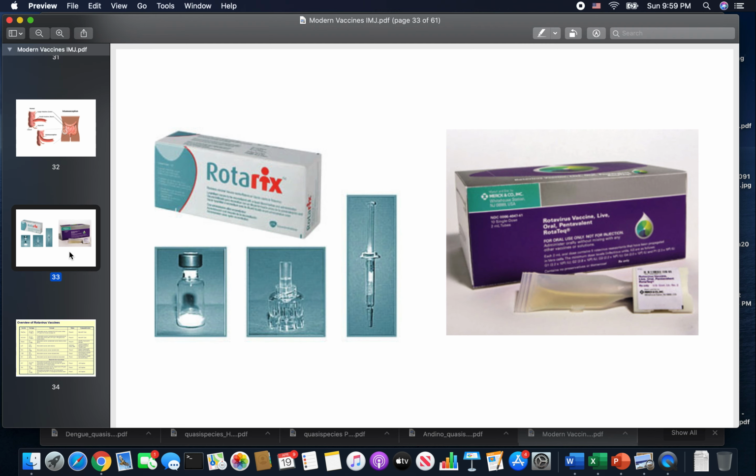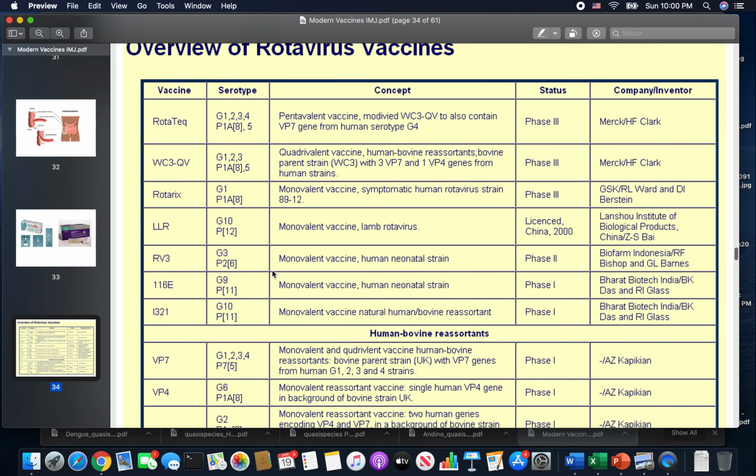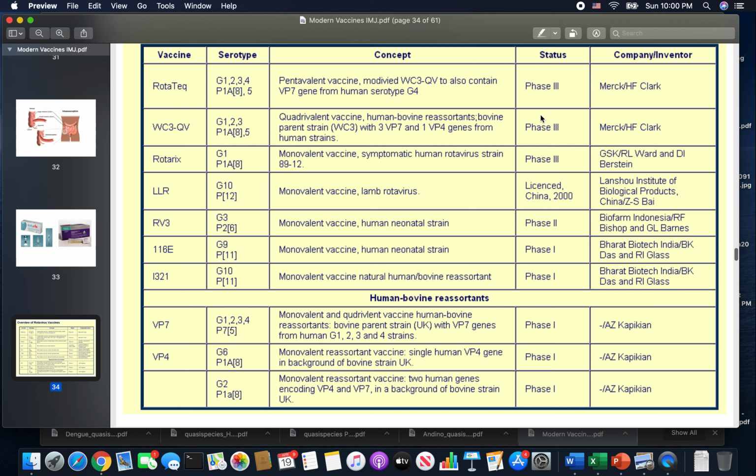And so they came up with a reformulation, and here's a different Merck rotavirus vaccine. These things have been developed, and they were going through trials, and now some of them are through trials. What you notice with a lot of these is that they're basically the same vaccine. They're going to have VP7 and VP4 on the outside of VP7, just like before, and they're given in the same way.